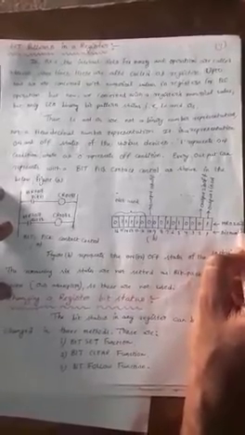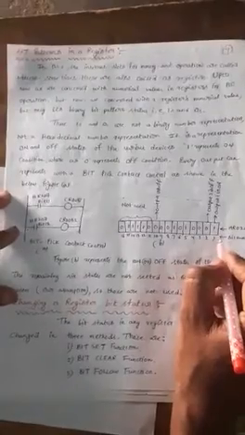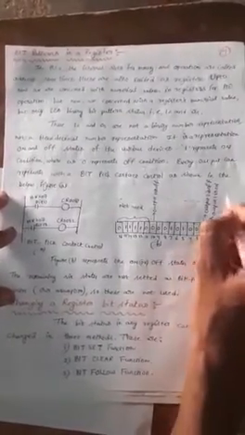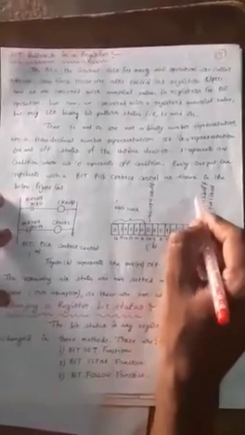A 1 represents the on state of the output coil, and a 0 represents the off state of the output coil. Here we have an HR0207 register, and that register consists of 16 output devices' information. On that, the first output device is on, the second output device is off, and the third output device is off. Like that, the 10th output device is off.